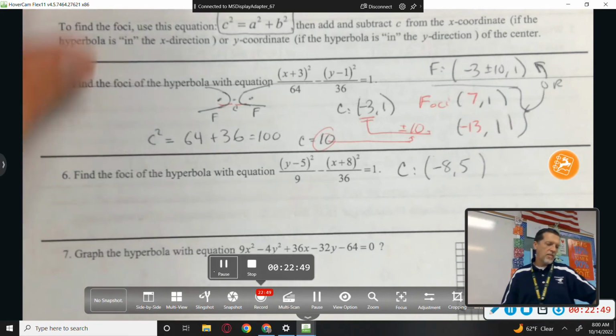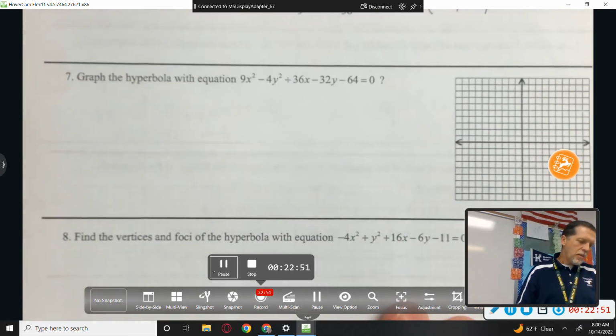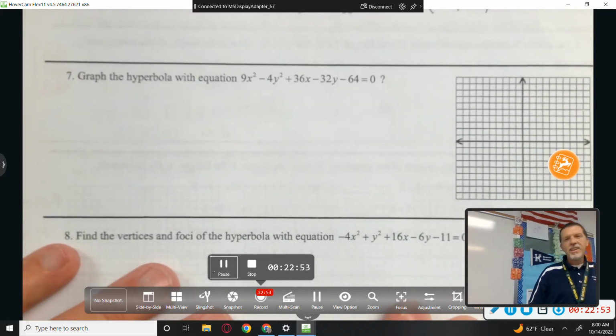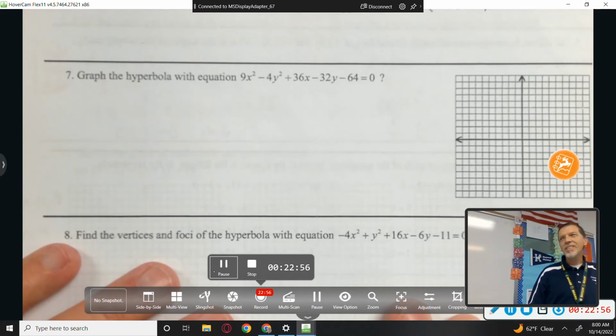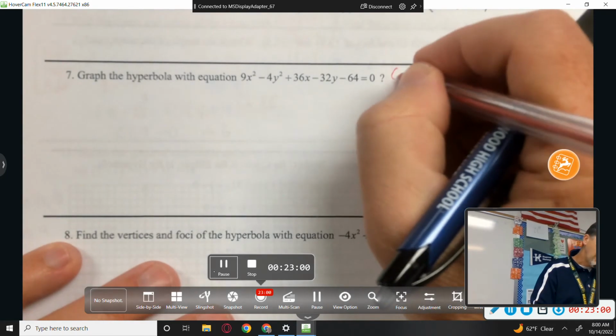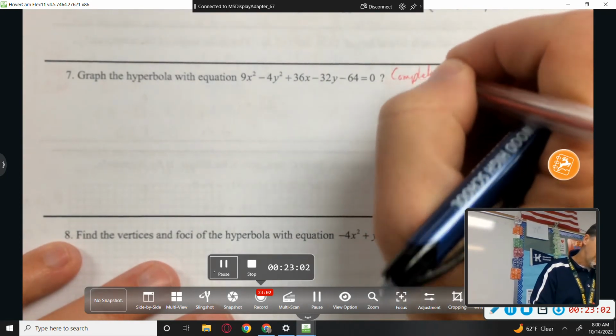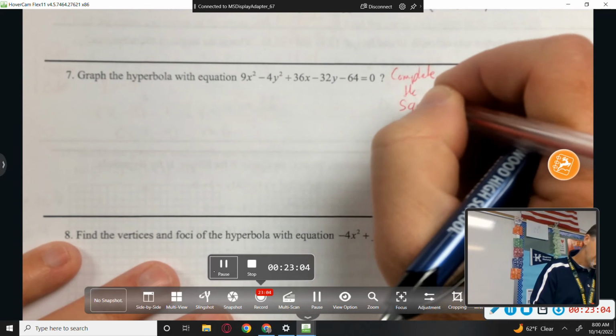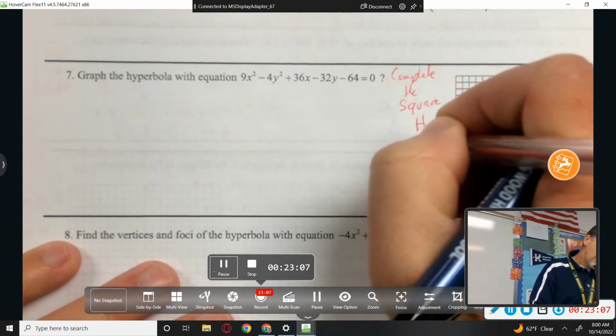Number 7. Graph the hyperbola with that equation. Uh-oh, what's coming? Complete the square. Half it, square it, add it.